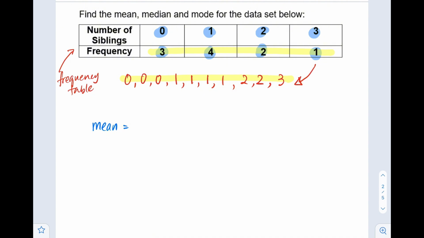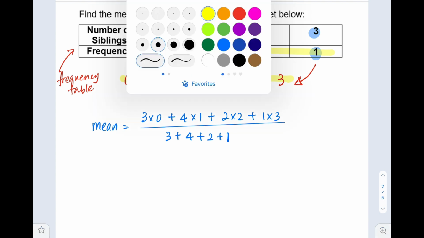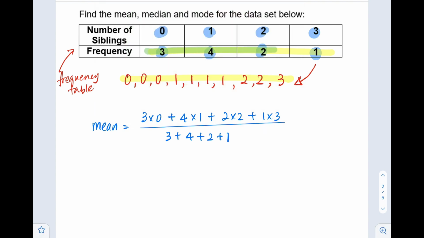Or you can do it like this: 3 times 0 because you have 3 zeros, plus 4 times 1 because you have 4 ones, plus 2 times 2 and then plus 1 time 3. Then divide by the total number of data values, which is the total frequency, 3 plus 4 plus 2 plus 1, which you get from looking at this frequency row here.